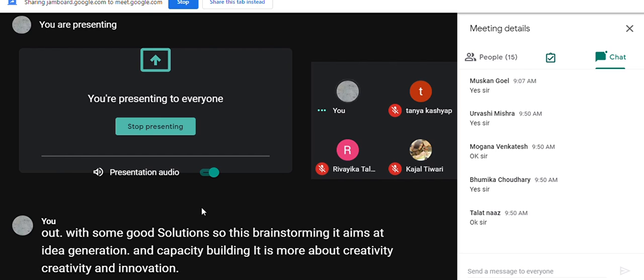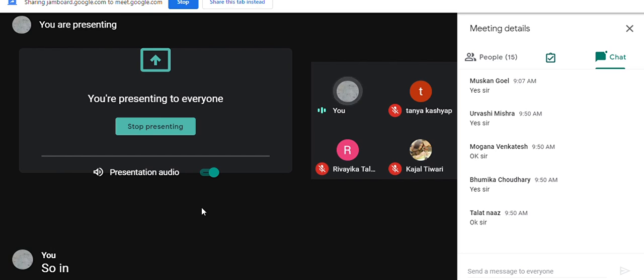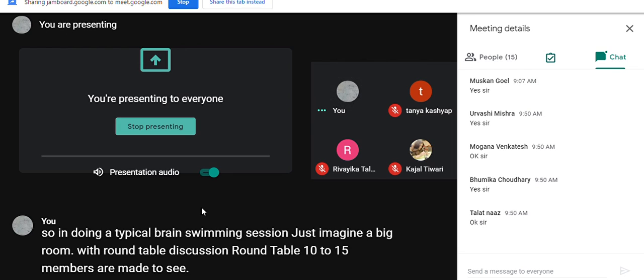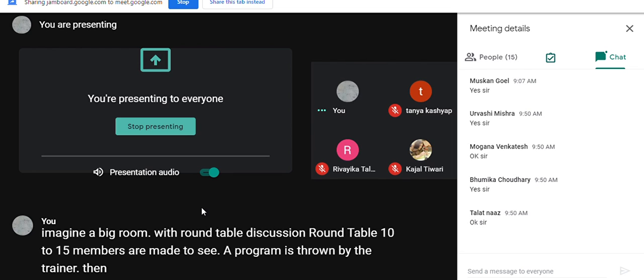So during a typical brainstorming session, just imagine a big room with a discussion round table. 10 to 15 members are made to sit. A problem is thrown by the trainer. Then everyone has to just start finding solutions.